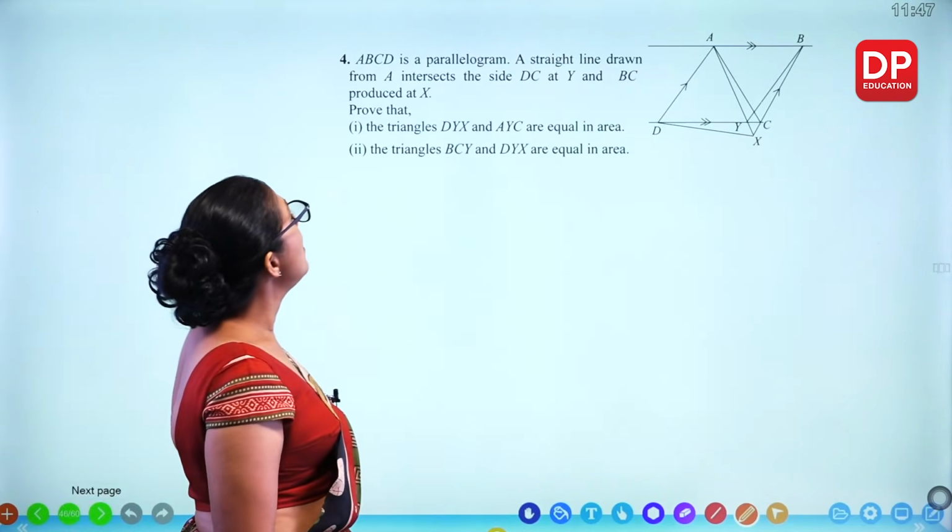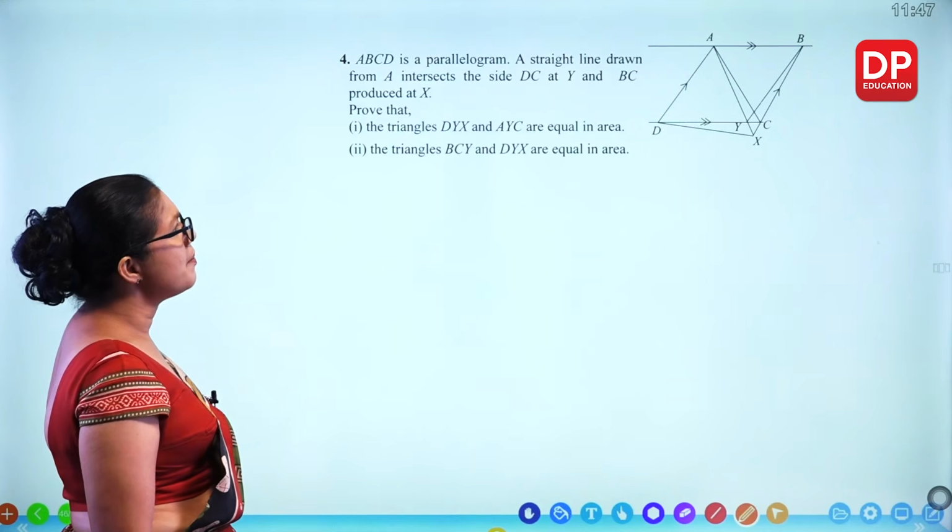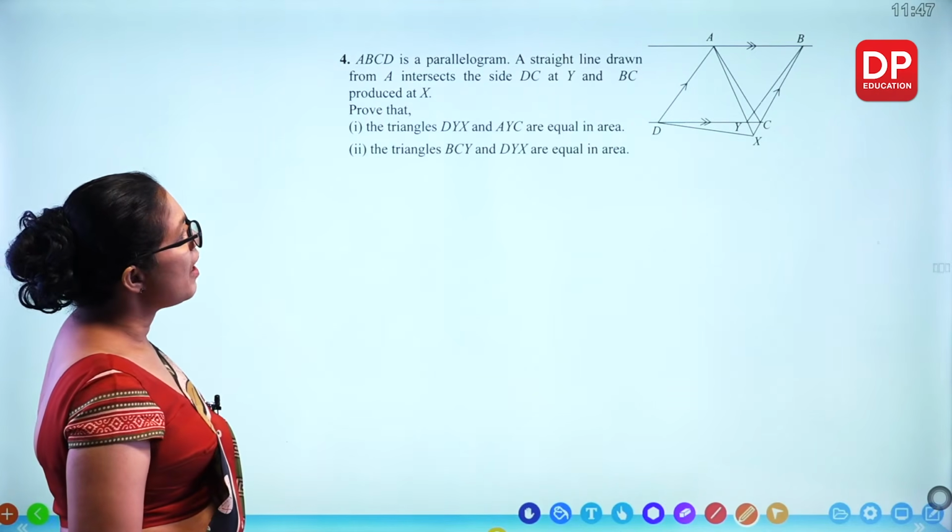Question number 4. ABCD is a parallelogram. It's already marked.